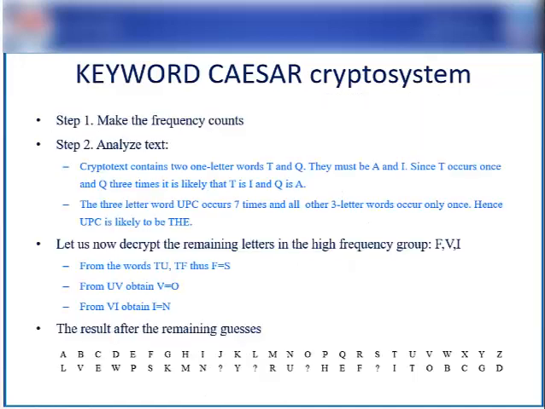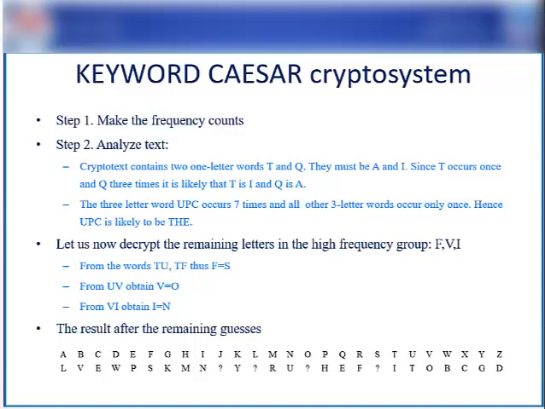So we can try to decrypt the remaining letters using high frequency groups. We can guess the remaining words. So as we can see, generation of the key sequence is very important, and in a sample of keyword Caesar crypto system we saw that by trying to add some diversity to the key sequence, we made our key weaker.